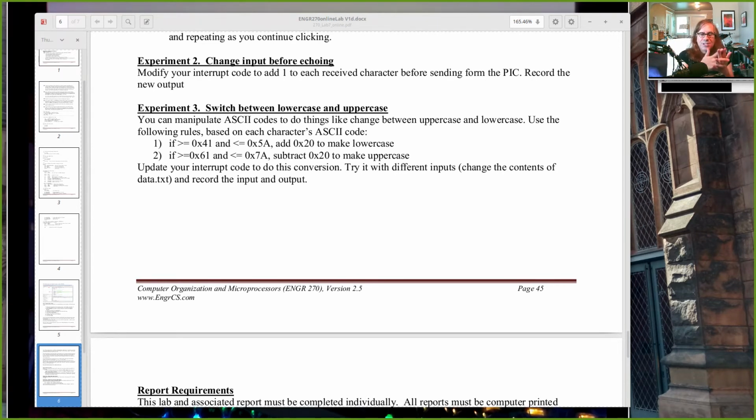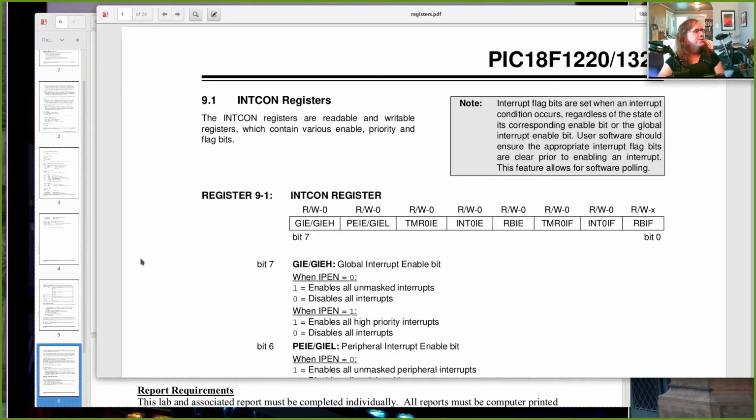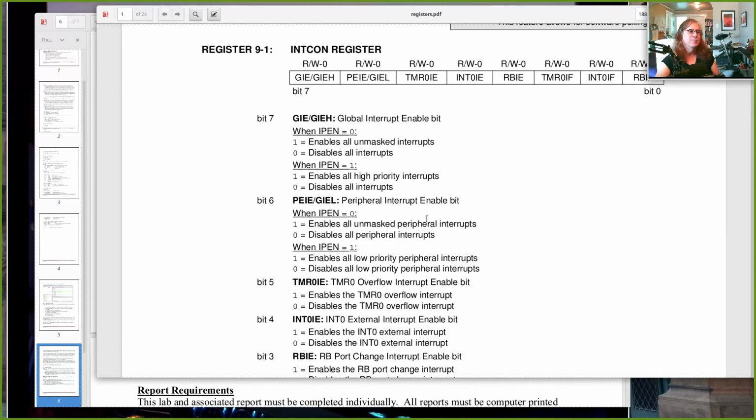You're allowed to use the data sheet on your exam. I went ahead and pulled out a subset of the data sheet, from the data sheet quick guide that you've seen on Canvas, but I have another one where I just pulled out the registers of interest, and you can make yourself one of these.